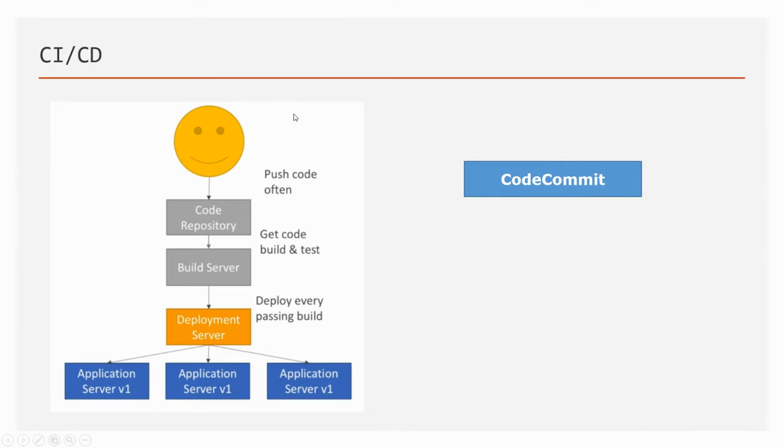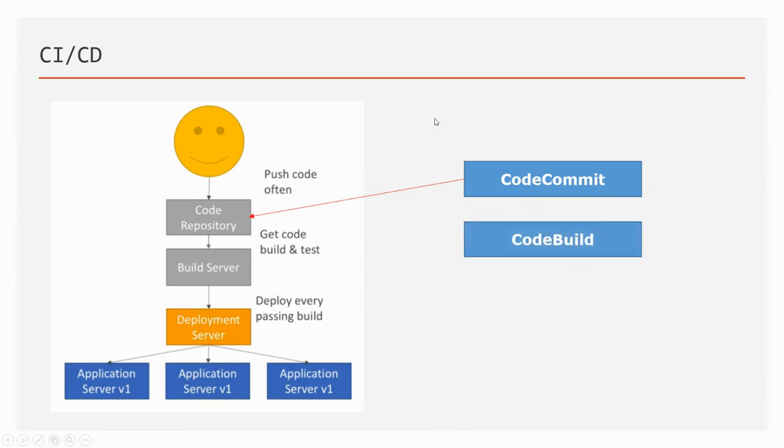We are going to use CodeCommit, which is equivalent to a Git repository and will take care of our code repository. Of course, we need some credentials or IAM policies applied for us to commit to the code repository.